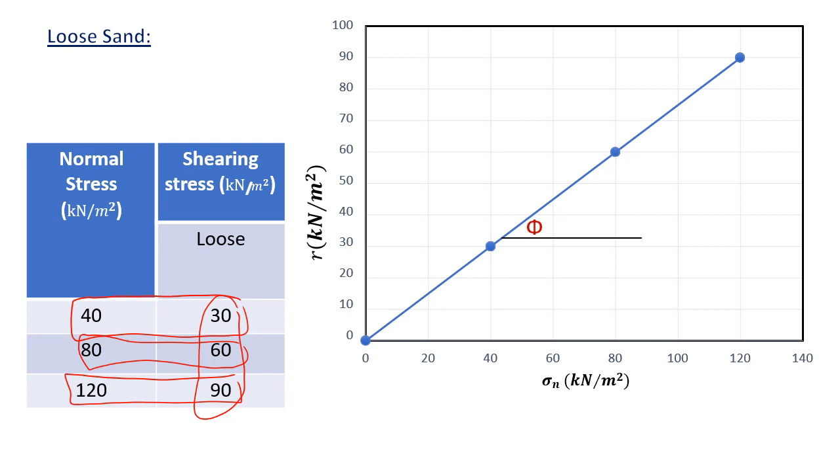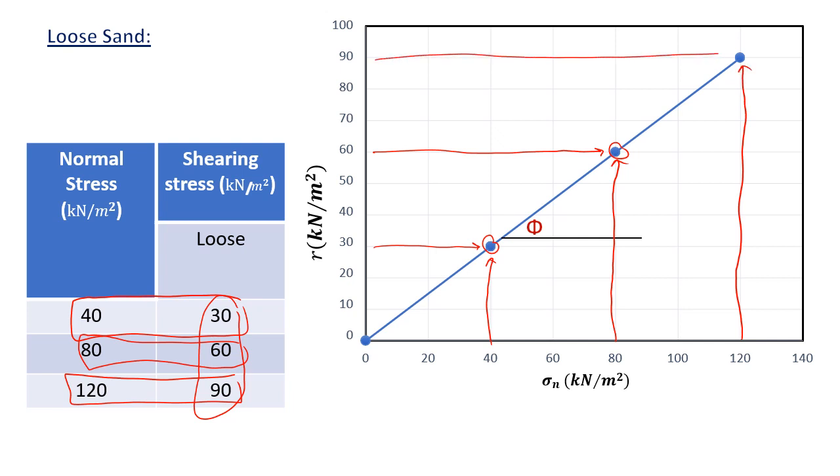You have 3 points. The first point 40 and 30, this is the first point. The second point 80 and 60, this is your second point. And the third point 120 and 90, and this is your third point.